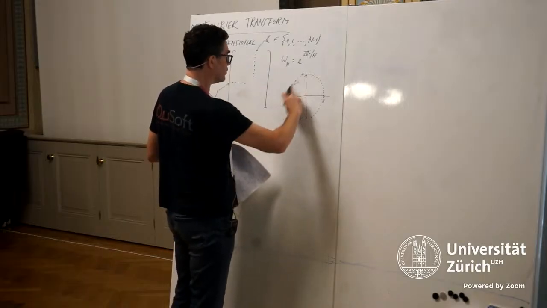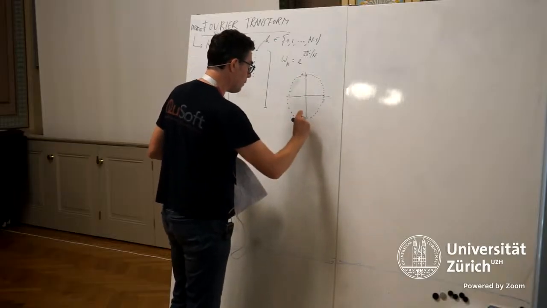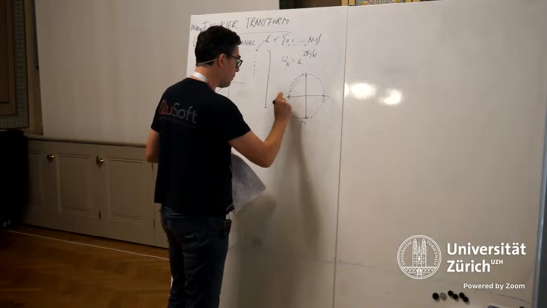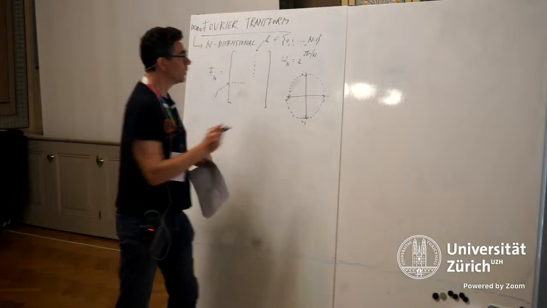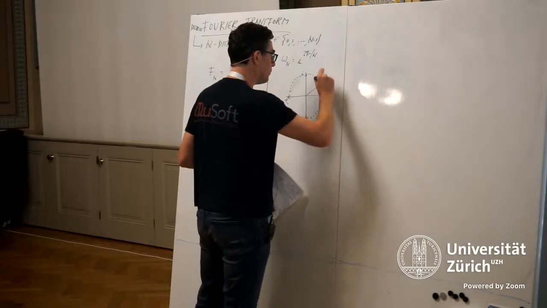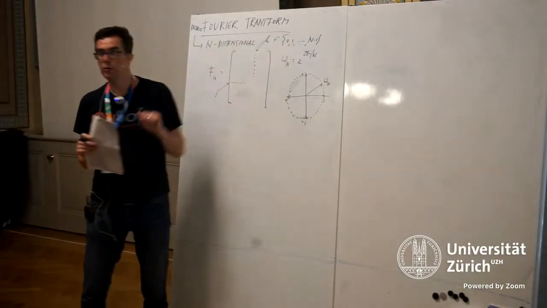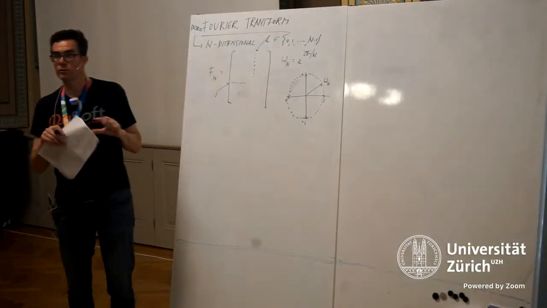Okay, this circle is a little bit ugly, but okay. So omega N would be sitting somewhere here, let's say. And if you start powering omega N, you're sort of traveling around this unit circle.